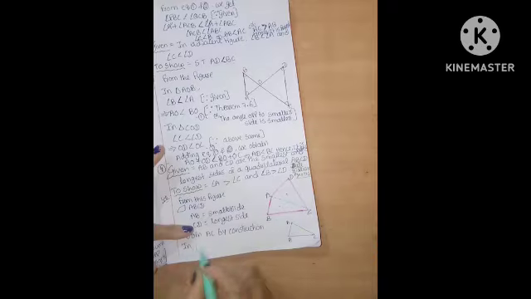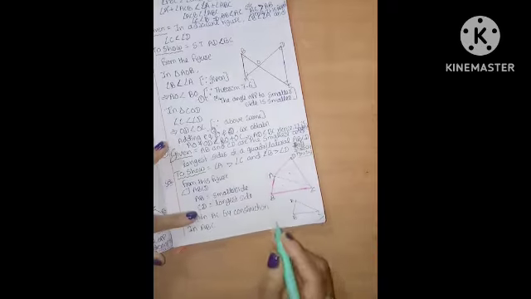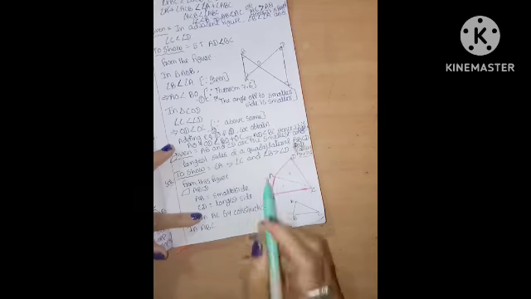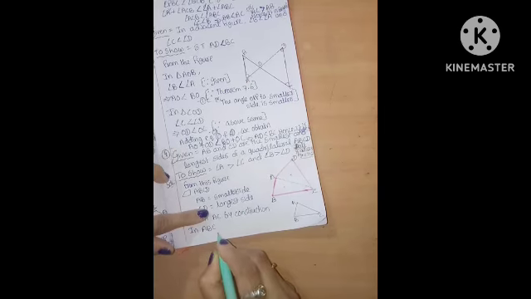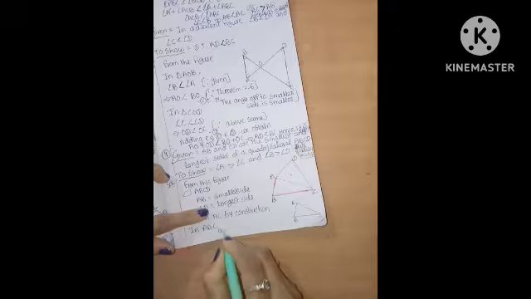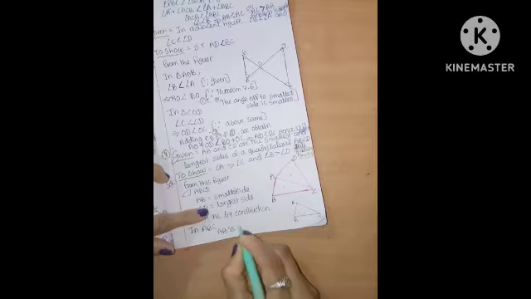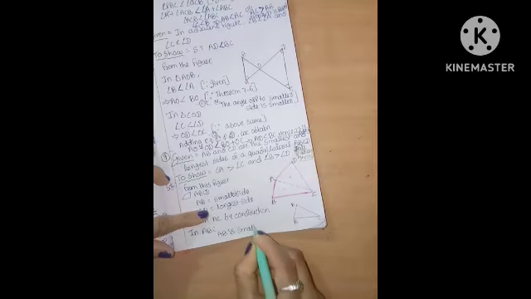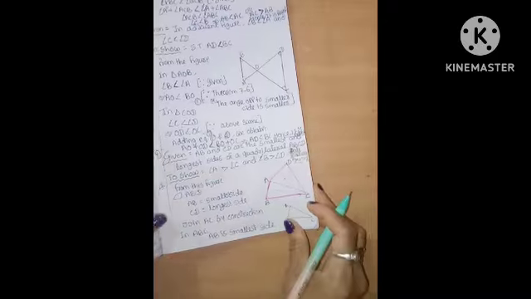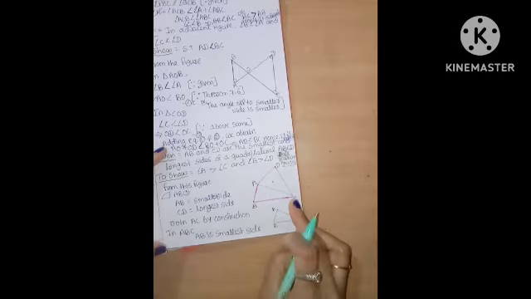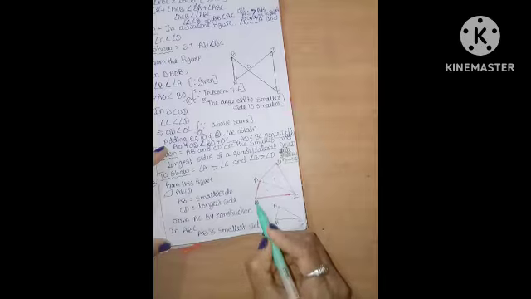In triangle ABC, AB is the smallest side, as given. This is triangle ABC. AB is the smallest side.